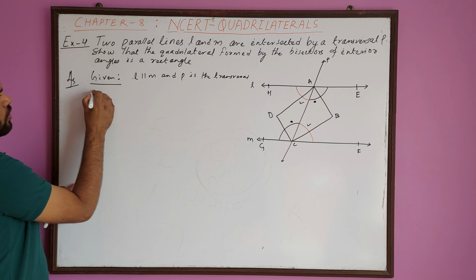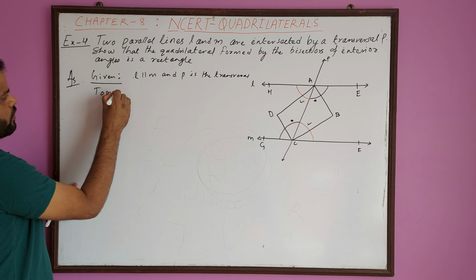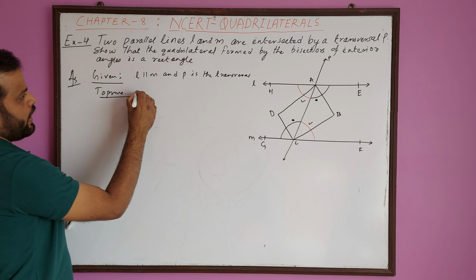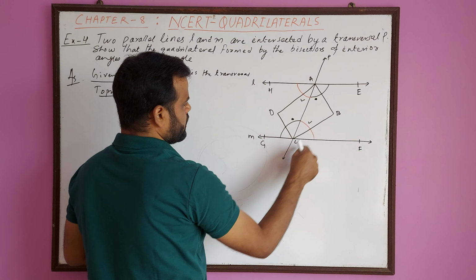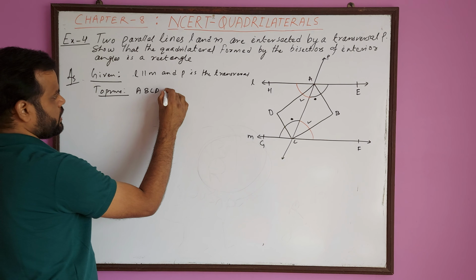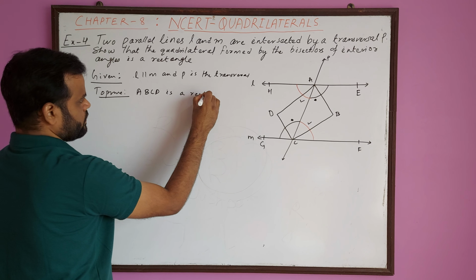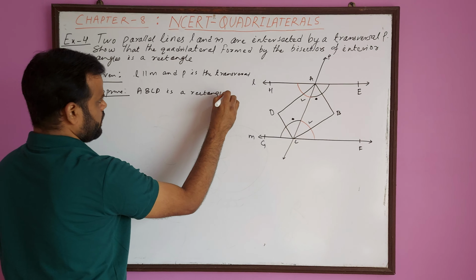What we have to prove is that ABCD is a rectangle.